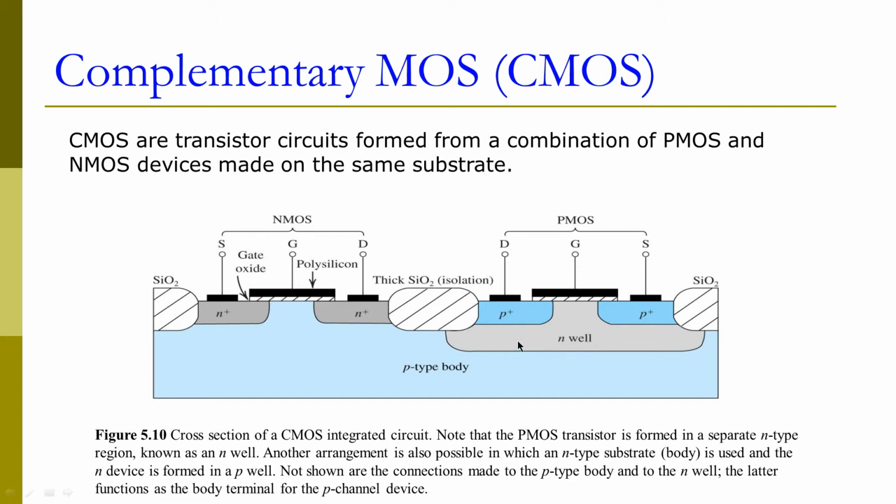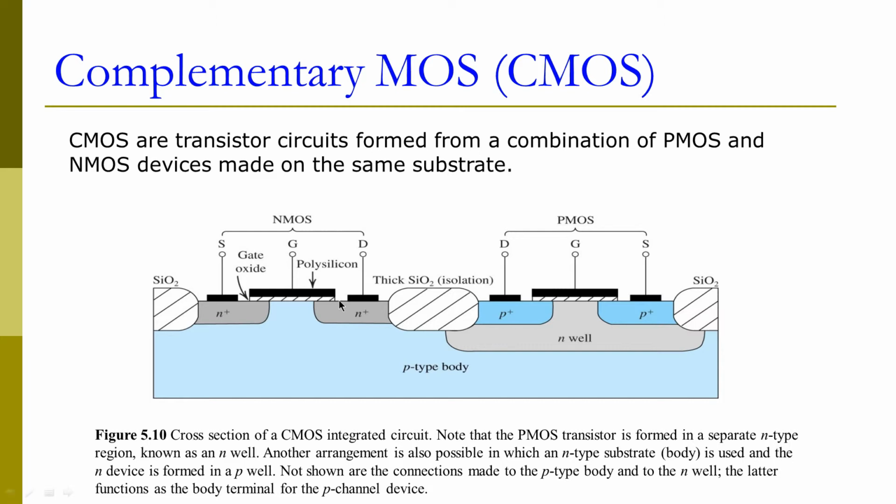Then we can make an NMOS transistor on the left side with source and drain heavily N-doped, and on the right-hand side with source and drain heavily P-doped. In the middle, we can separate them by oxide to isolate these two transistors.